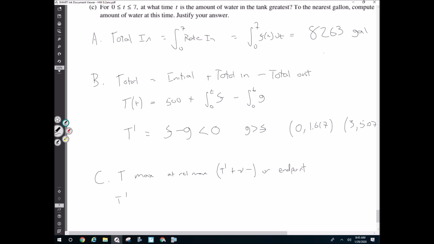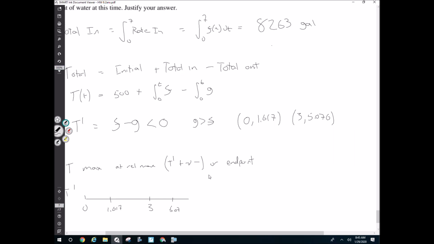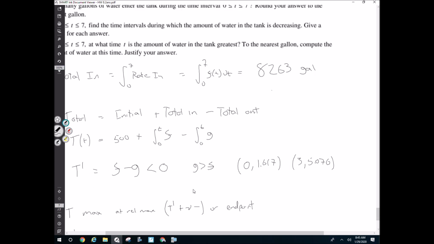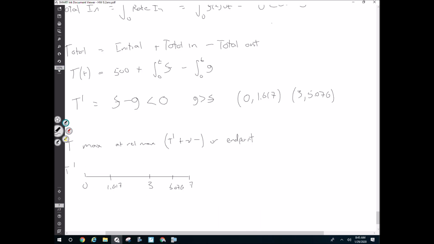Let's look at signs of T prime. I got 0, I got 1.617, I got 3, and I got 5.076, and I go till 7. Okay, so we got multiple changes.